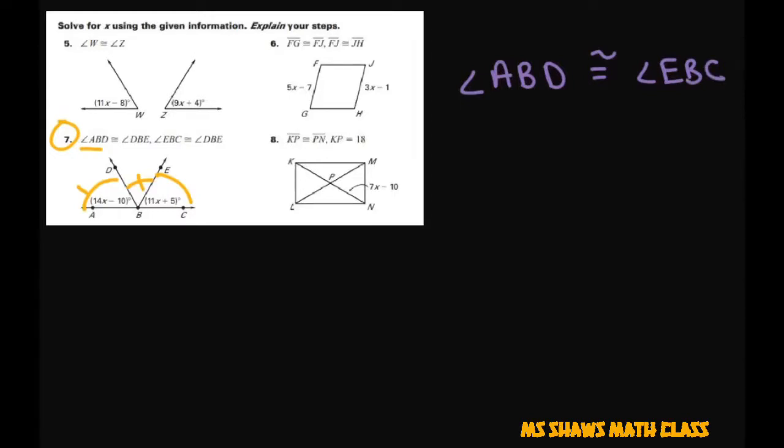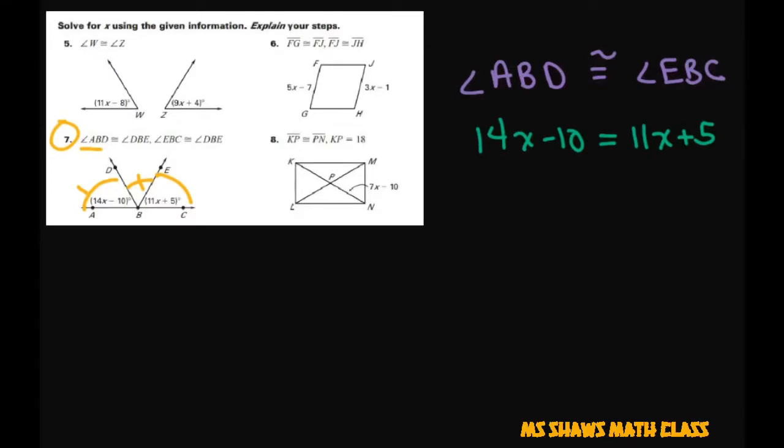That's through the transitive property. So now we just have to set them equal to each other. 14x minus 10 equals 11x plus 5. And that's by your definition of congruence, that they're equal.